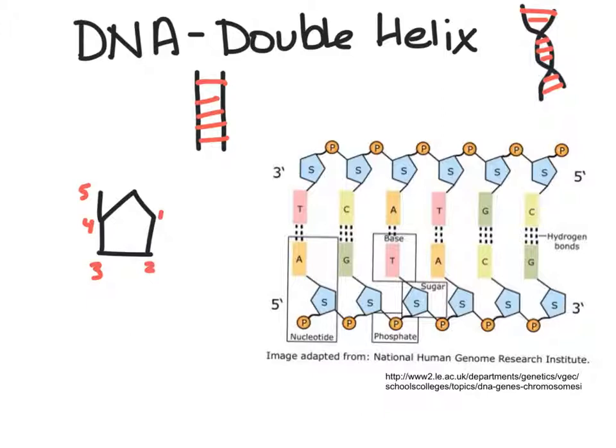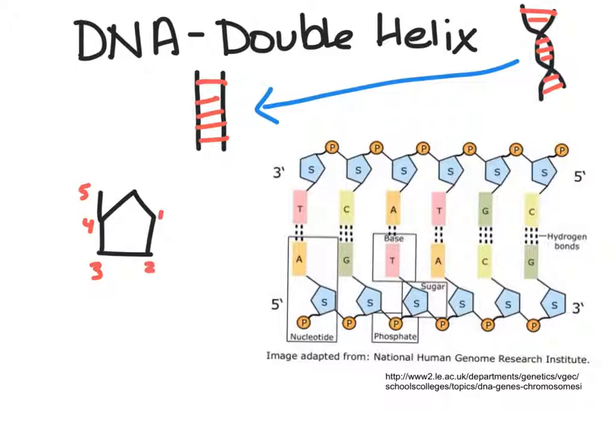So now we're going to look at this DNA double helix structure. If you recall, our DNA double helix has a structure that resembles a twisted ladder. If we straighten out that structure, it is going to resemble a ladder.